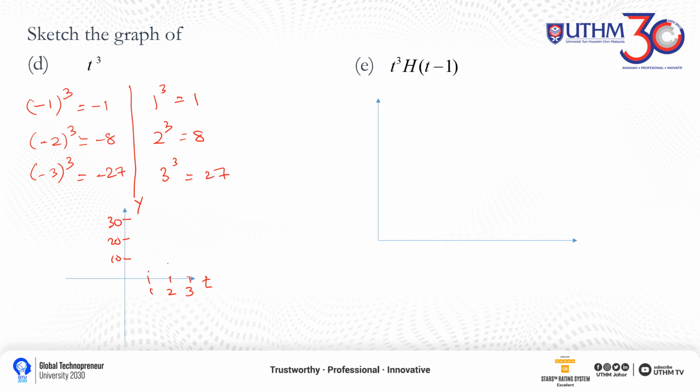And for t equal to 3, I have the value of 27. So I can draw the graph like this. Whereas for negative values, for t equal to negative 1, this is negative 2, this is negative 3. For t equal to negative 1, I have the value of negative 1.